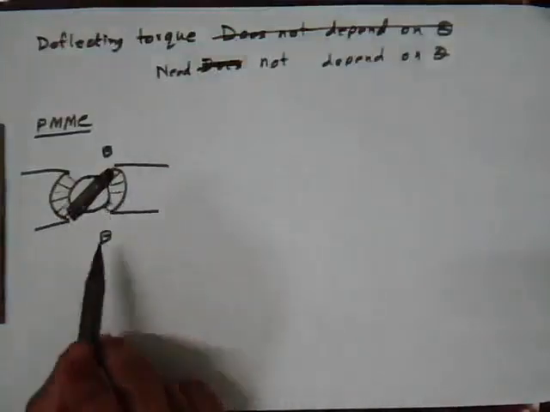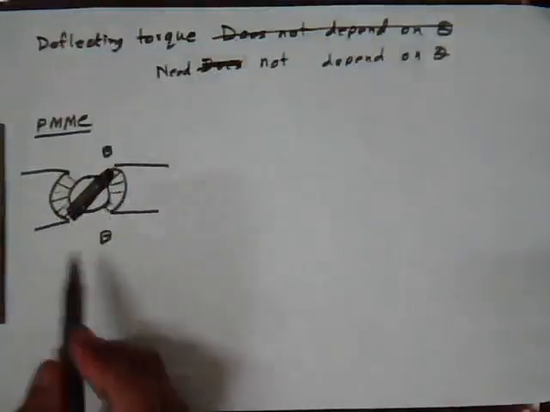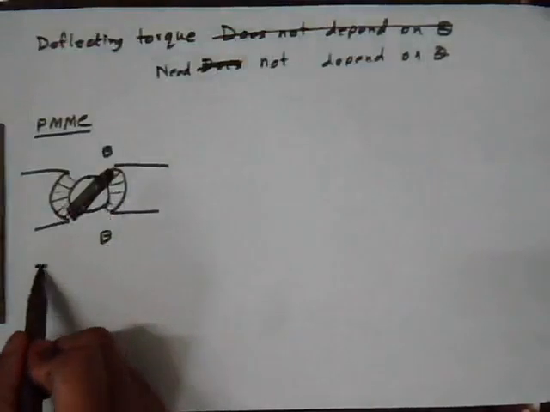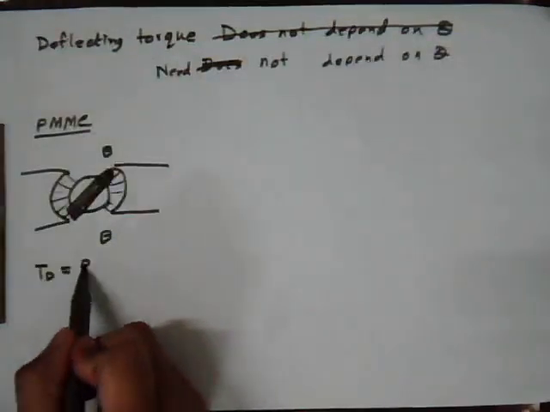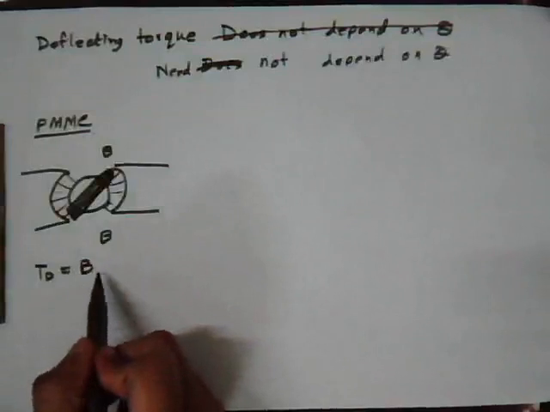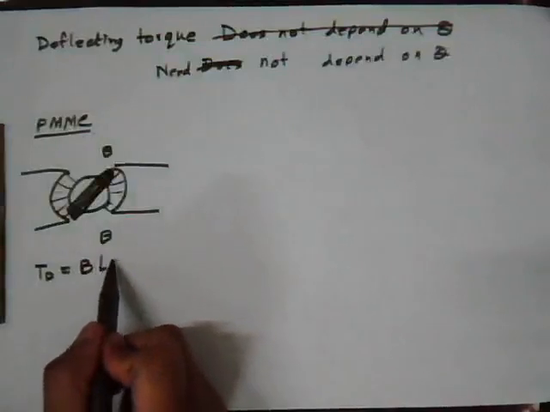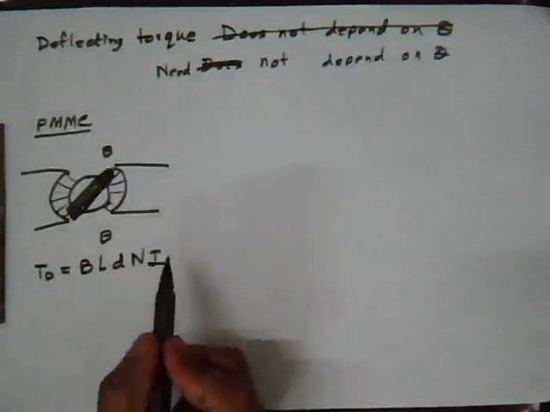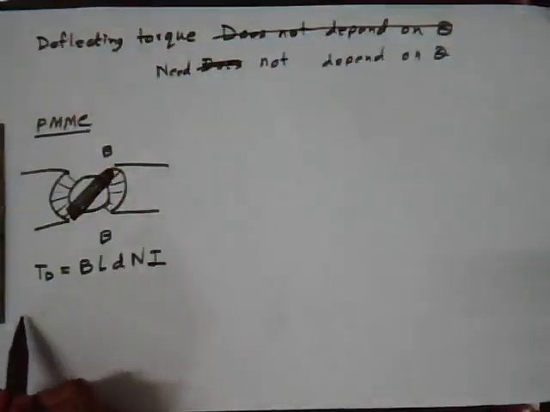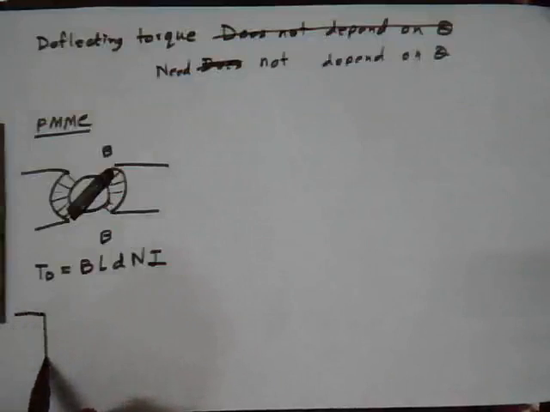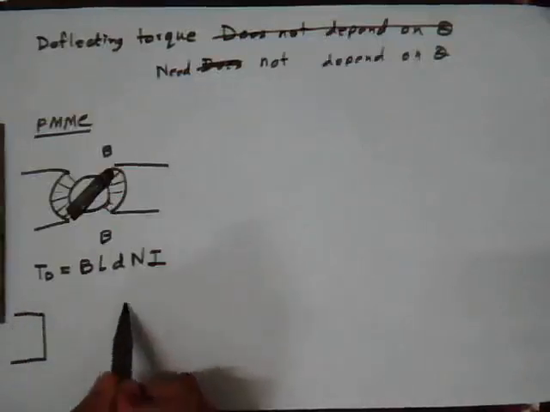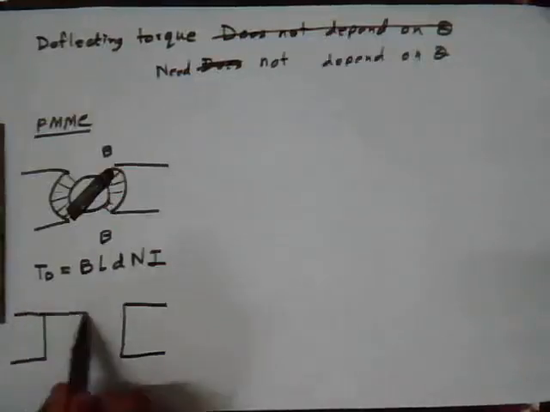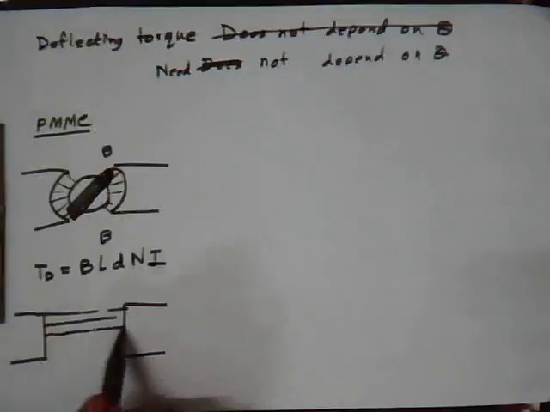In this ideal scenario, we found the torque Td to be equal to B times L, length of the coil, times D, the diameter of the coil, times N, number of turns, times I. We also mentioned another extreme ideal case where we have the flux density parallel like this.